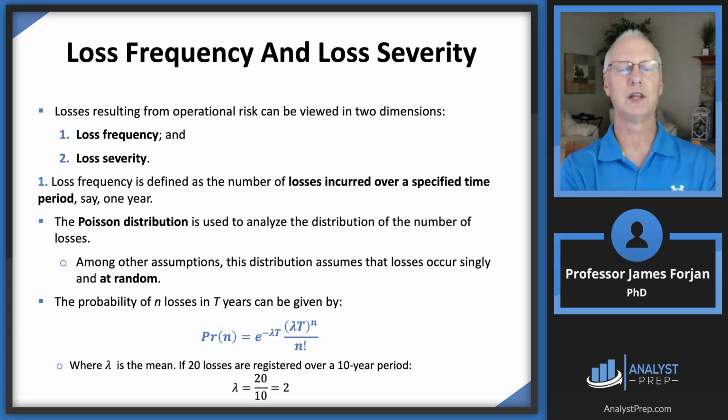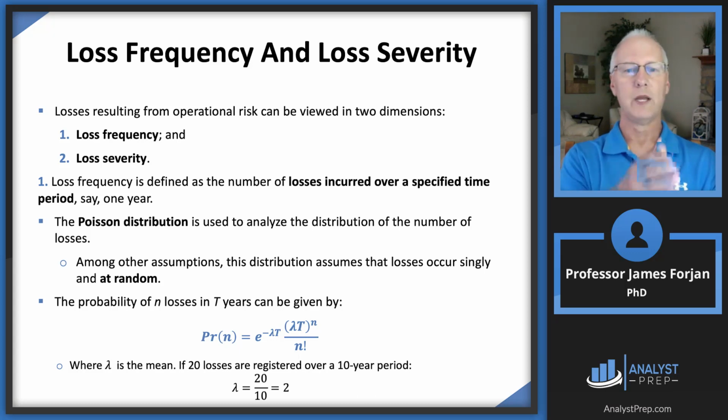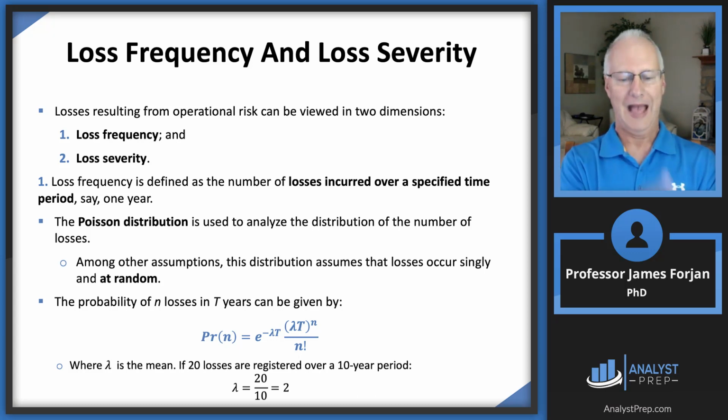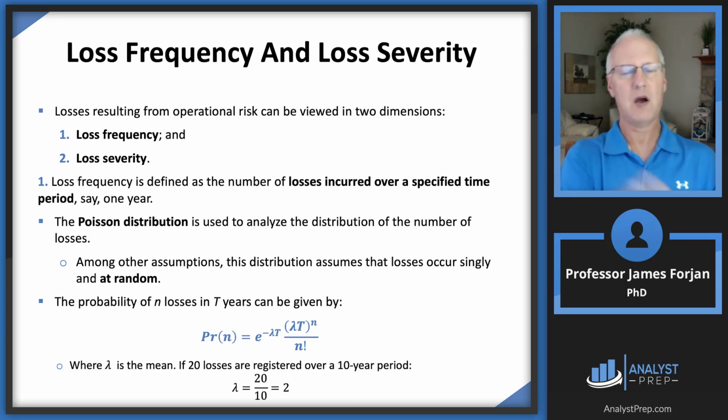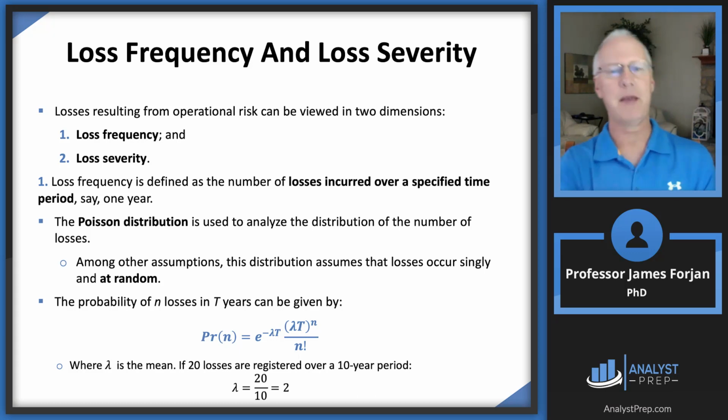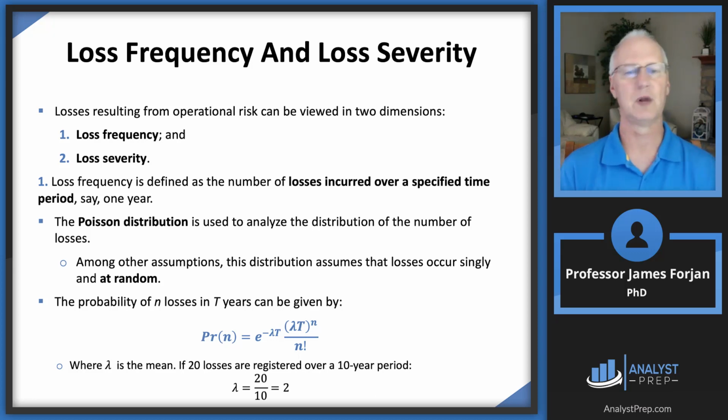But anyway, let's suppose that we know the average time between events, but those events actually occur randomly. So we know that on average, something bad is going to happen or something good is going to happen every 10 minutes or every 7 days or every 3 months, whatever that is. But those things occur randomly.